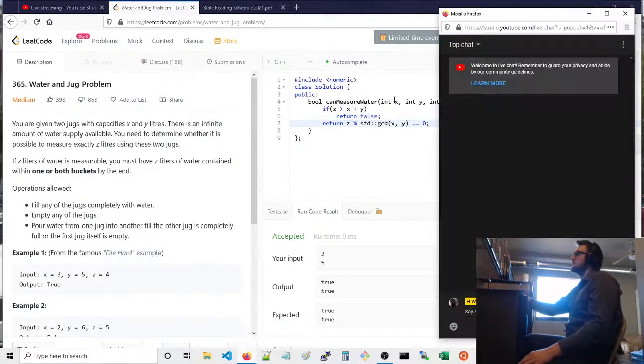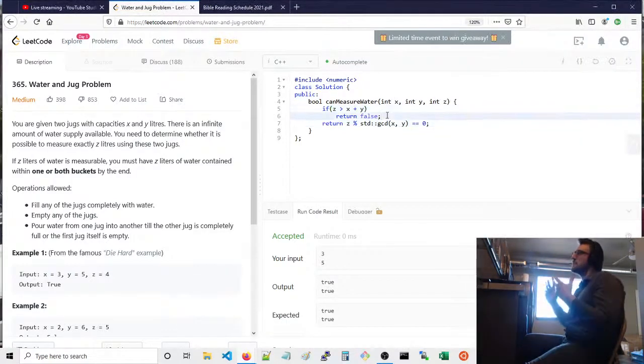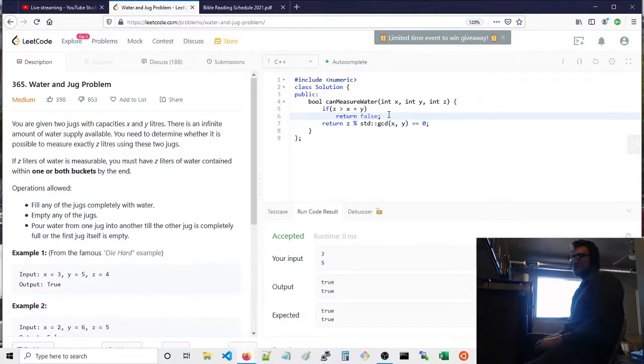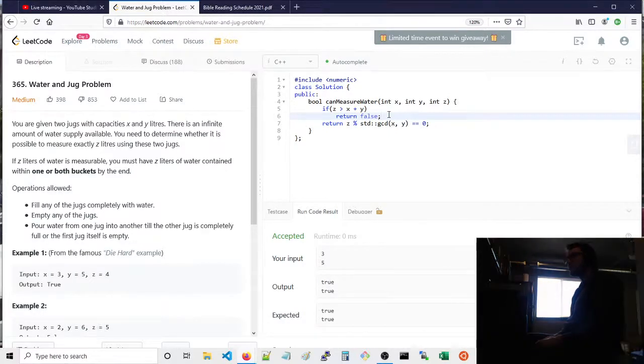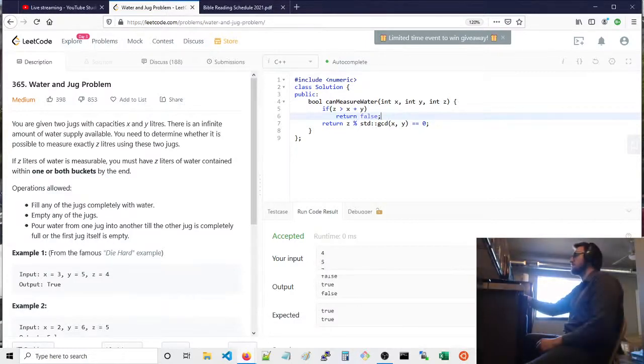I could be wrong about this, but if they're coprime, then you can get any of these numbers. However, the only numbers you can get if they're not coprime is multiples of the GCD. That's what I want to say. Why? It's not really obvious why, and I'm not sure I could really prove it. I kind of want to go for it though. I think that's the answer.